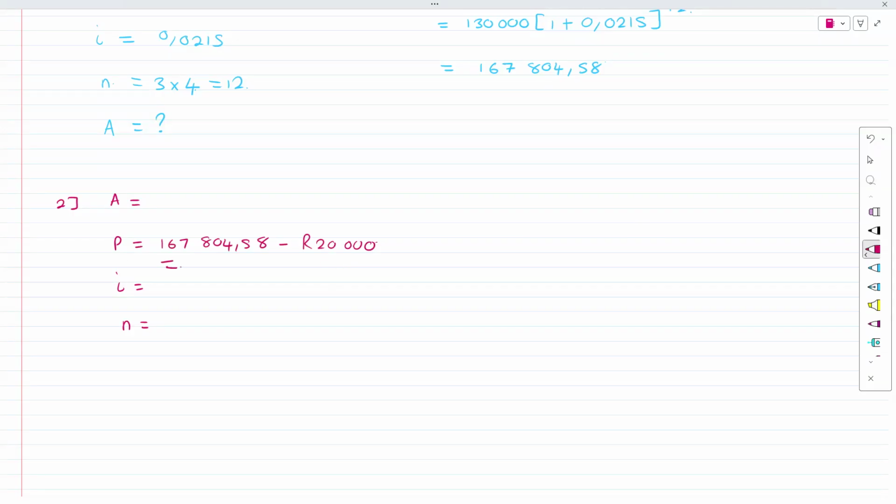And I'll write it at the bottom because I don't want to waste too much space, but this is 147,804.58. Quite simple. You just minus 20,000. That's gone there.